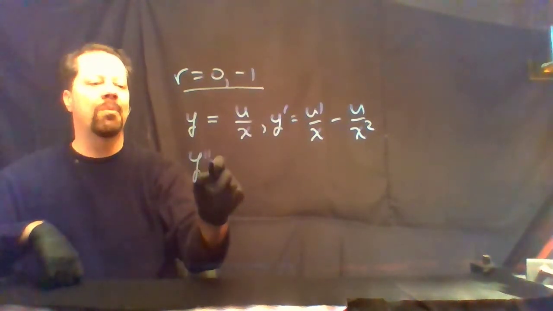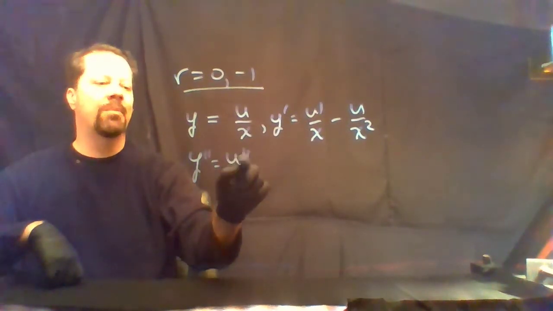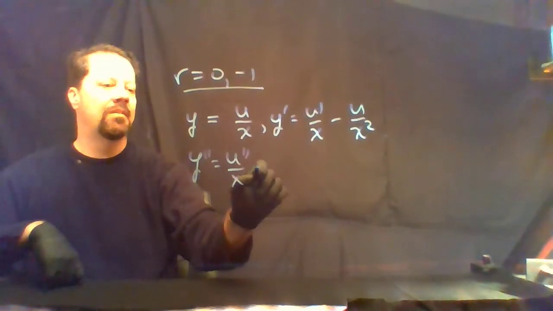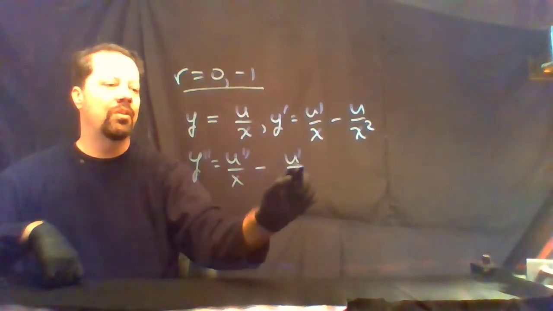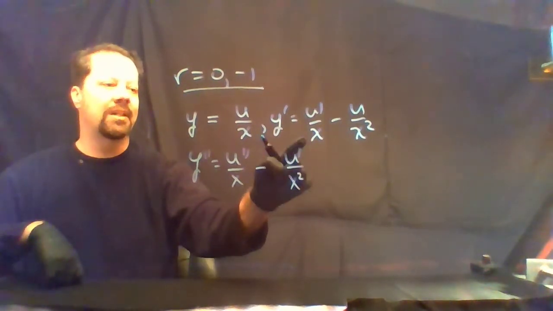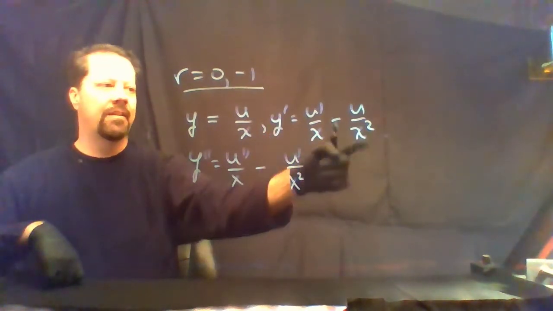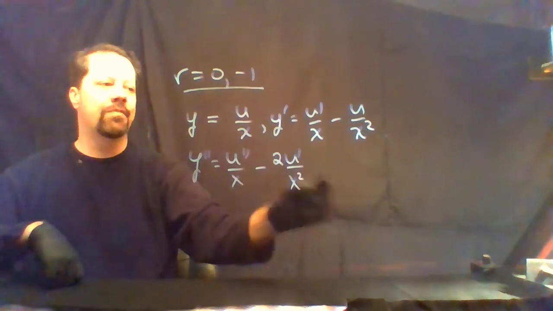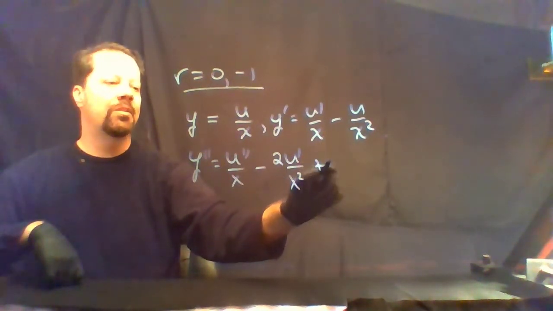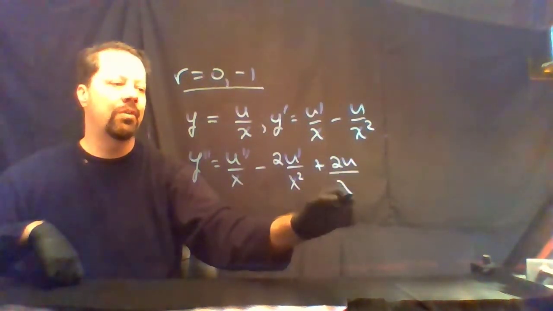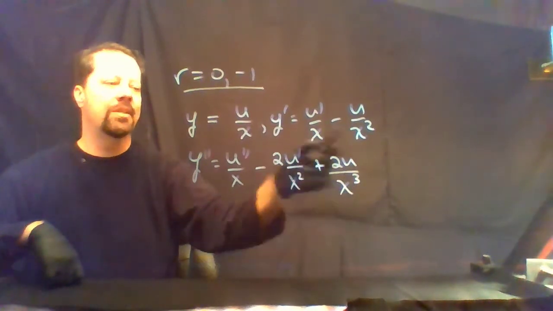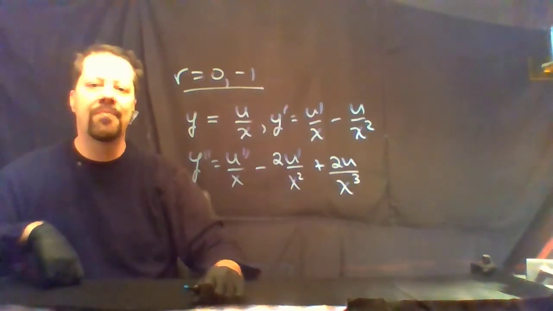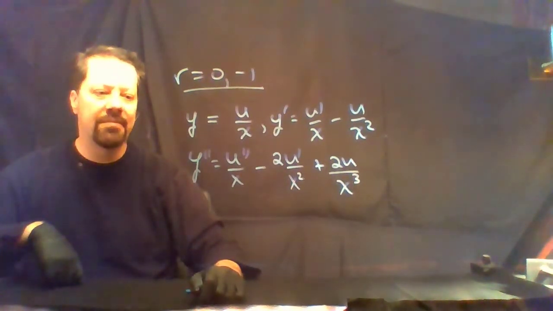And y double prime is u double prime over x minus u prime over x squared when you take the derivative of 1 over x here. When you take the derivative of u over here, you get one more term of this form, and then plus 2u over x cubed, because the derivative of 1 over x squared is -2 over x cubed.